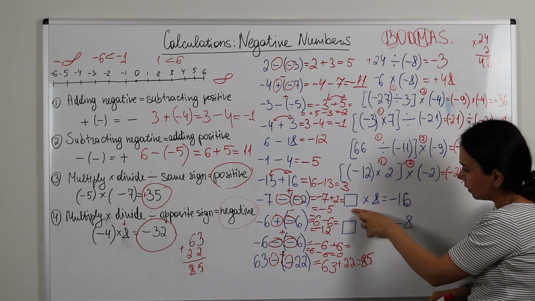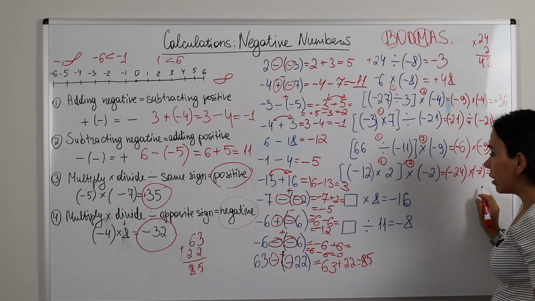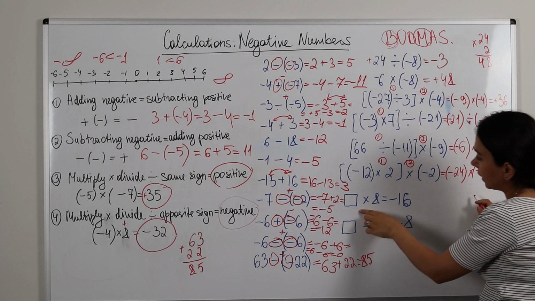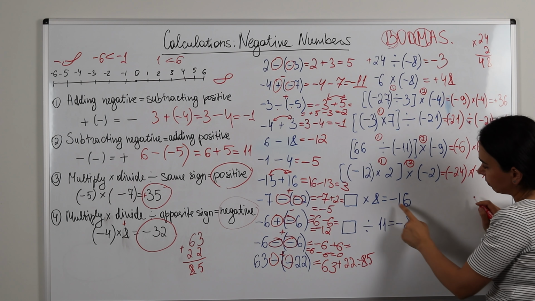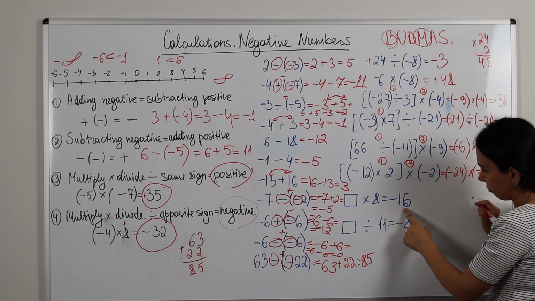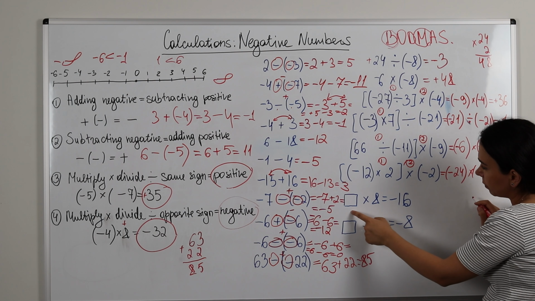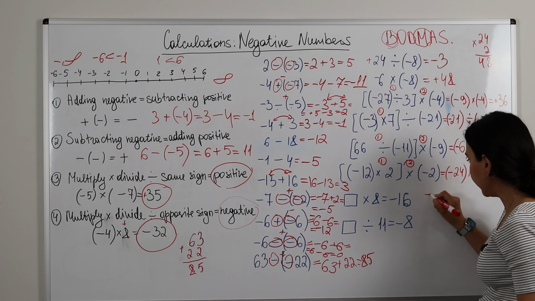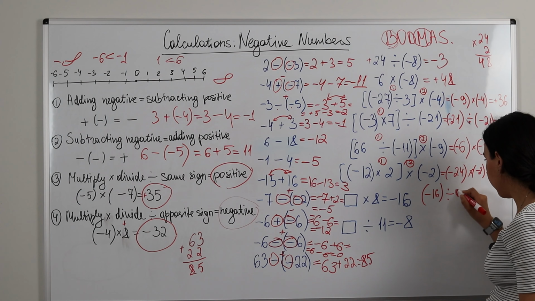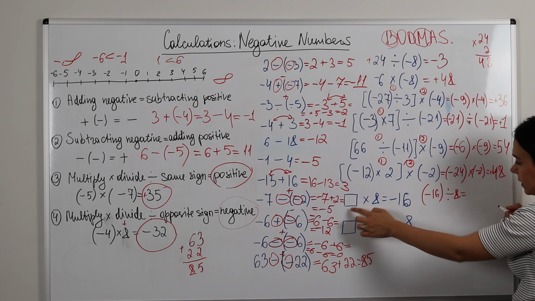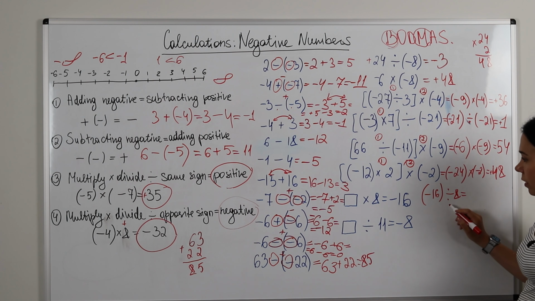These two equations are a bit different. We've got the fill in the blank here. Okay? We have the unknown number multiplied by 8 equals minus 16. To find out this fill in the blank, we need to divide minus 16 by 8 to find out the missing number. Signs are opposite.